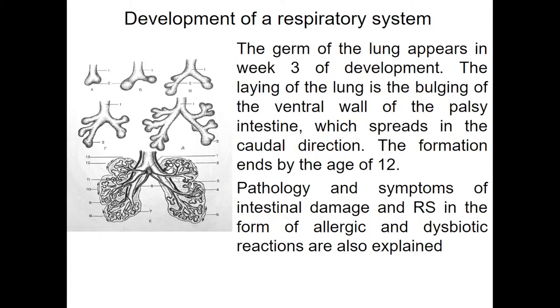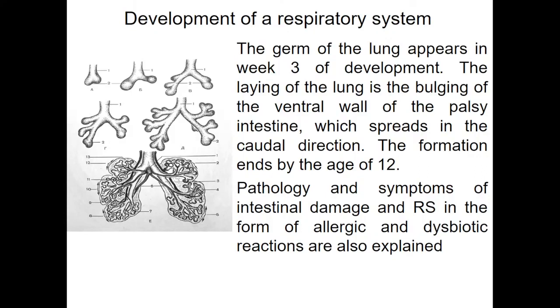The diverticulum gives rise to the epithelial lining and associated glands of the trachea, larynx, and bronchi, as well as the respiratory epithelium of the alveoli. Connective tissue, cartilages, and muscles arise from mesenchyme cells that are located around the growing bud.